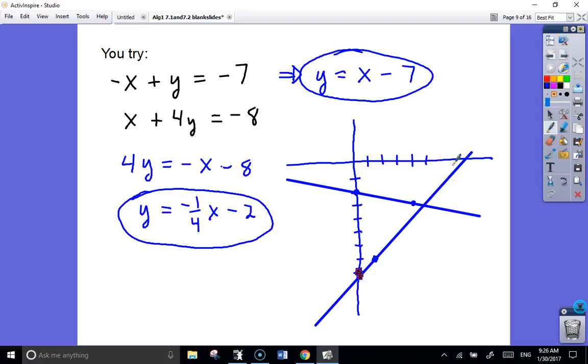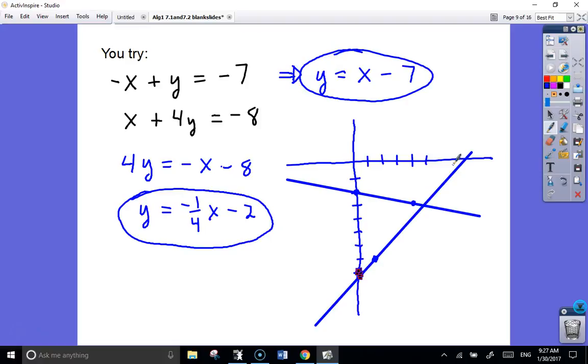Okay, quiet please. So these should have been the two equations when you solve for y, right? y equals x minus 7, y equals negative 1/4 x minus 2. Right, those should have been the two equations. Okay, so you graph them. Minus 7 and slope of 1, up 1, right 1.